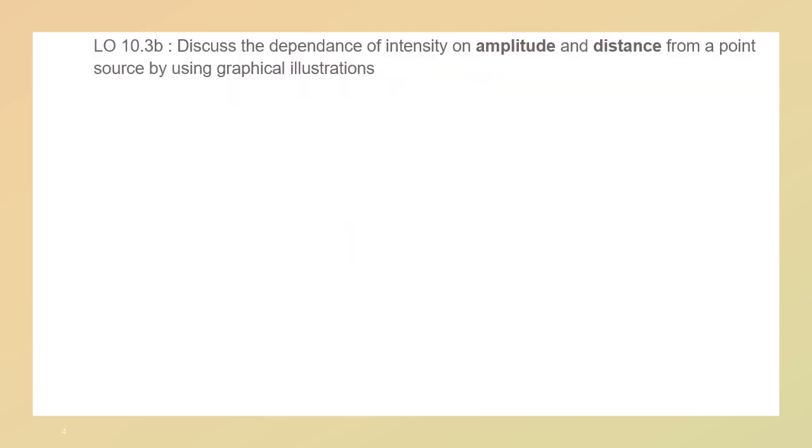Learning outcome 10.3b: discuss the dependence of intensity on amplitude and distance from a point source by using graphical illustrations. Okay, so kita discuss dulu untuk amplitude.